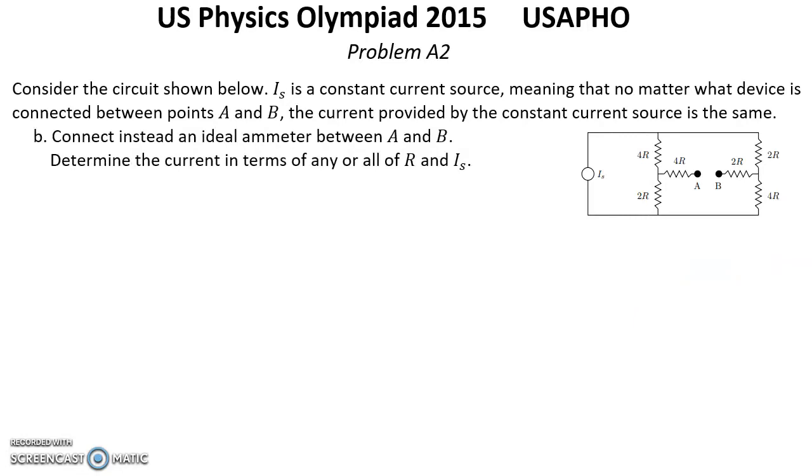Solution for question B. Using an ammeter means that we are creating a shortcut between A and B, and we can change this picture for an equivalent one.